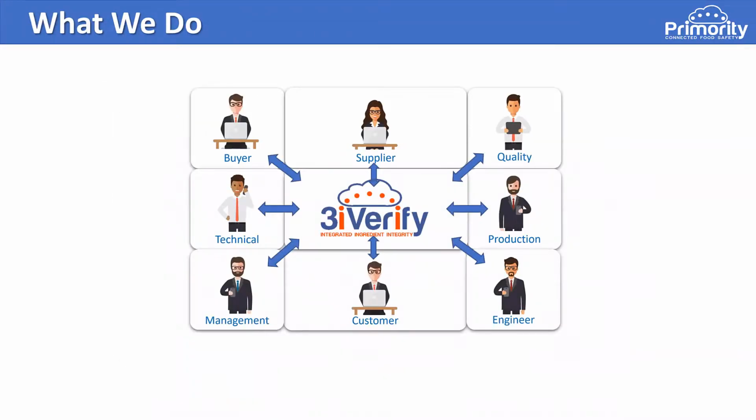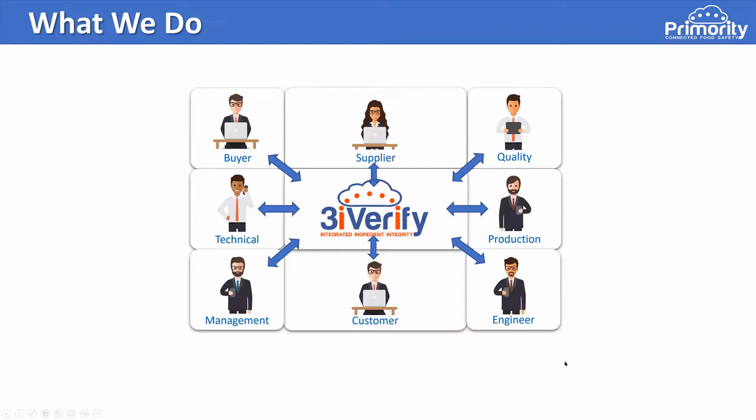So this is what we try and do. We try and bring everyone together into one system from a technical and quality food safety perspective, where everyone is using the same information. A good example is that a buyer should not be buying from a supplier who's not approved by the technical and quality department, and they should also be buying from trusted sources that have been risk assessed for vulnerabilities and for food fraud and so on.